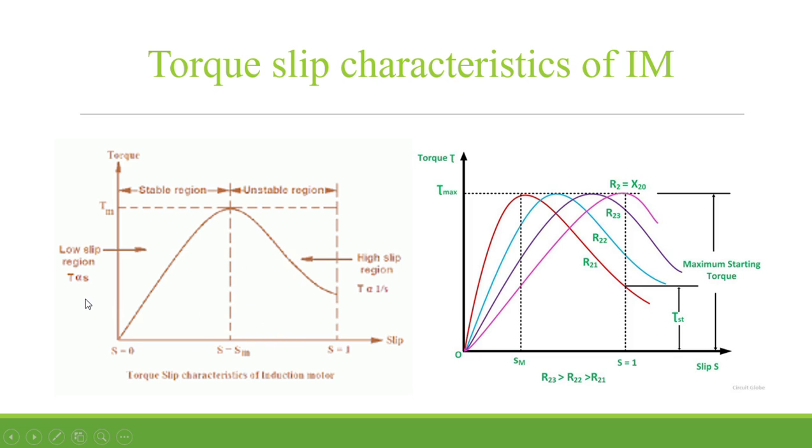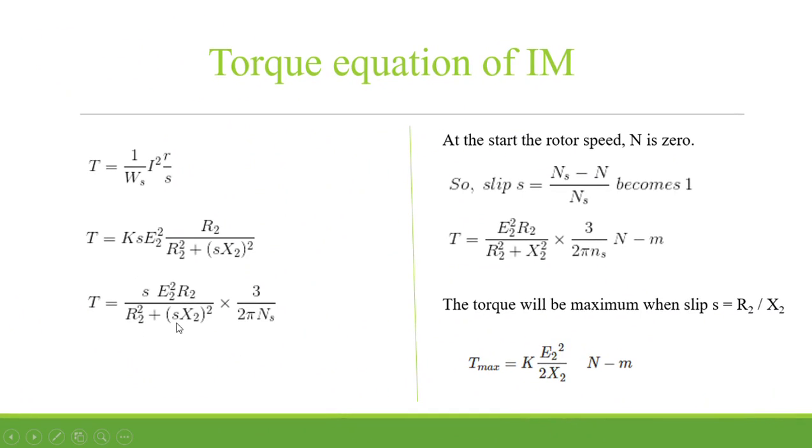For the medium slip region, this quantity will be a reasonable quantity. S is some reasonable, middle region value, multiplied by X2 and squared.